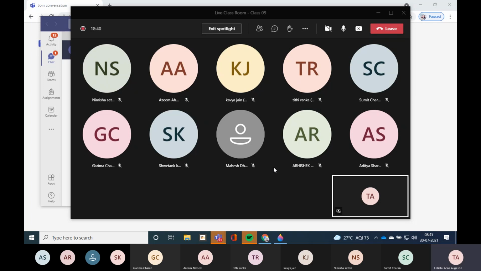Now there are some flowers in which this sepal and petal look similar to each other, right? We cannot differentiate between the petal and the sepal. They look very similar to each other, and they are known as tepals. So if you are asked what is a tepal, you have to write these are the flowers in which both the petal and the sepal look similar to each other.